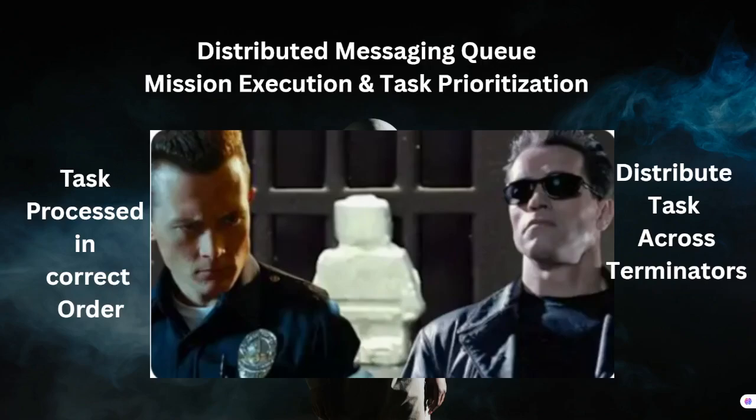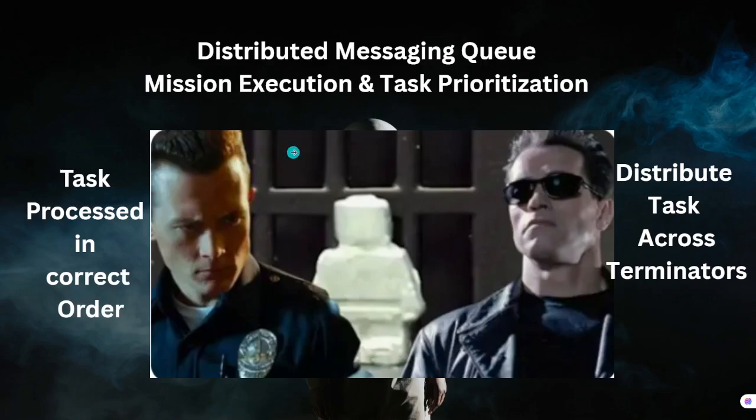Skynet can't process everything at once, so it queues multiple orders, like terminate Sarah Connor, terminate John Connor, and deploy another Terminator, etc. These tasks get distributed across different Terminators or workers, ensuring they don't all overload one execution unit. Think of T1000 and T800 working in parallel. One handles direct attacks while the other infiltrates.